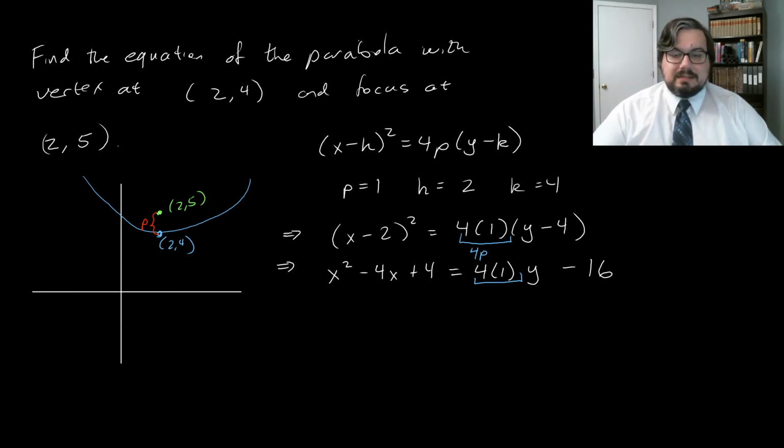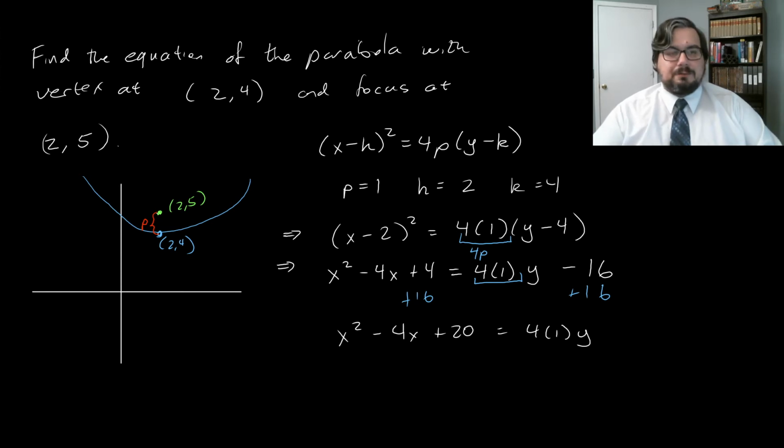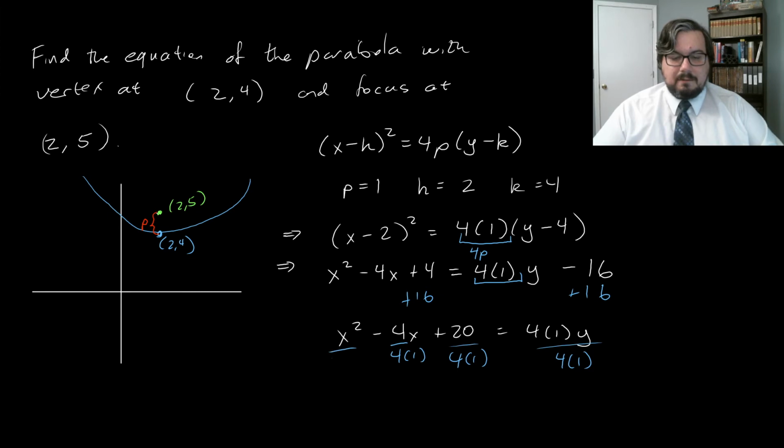Now we can add 16 to both sides. We get x squared minus 4x plus 20 equals 4 times 1 y, which is 4p. And then we'll divide everything by 4 times 1, which is 4p.